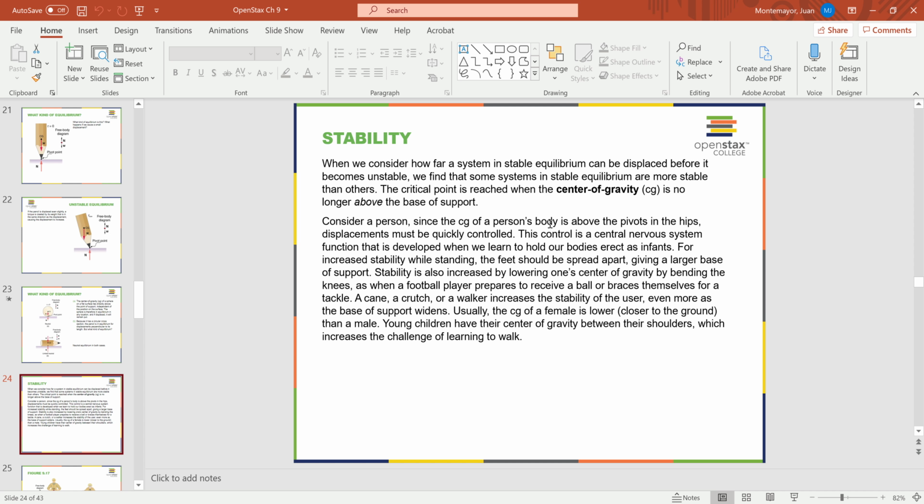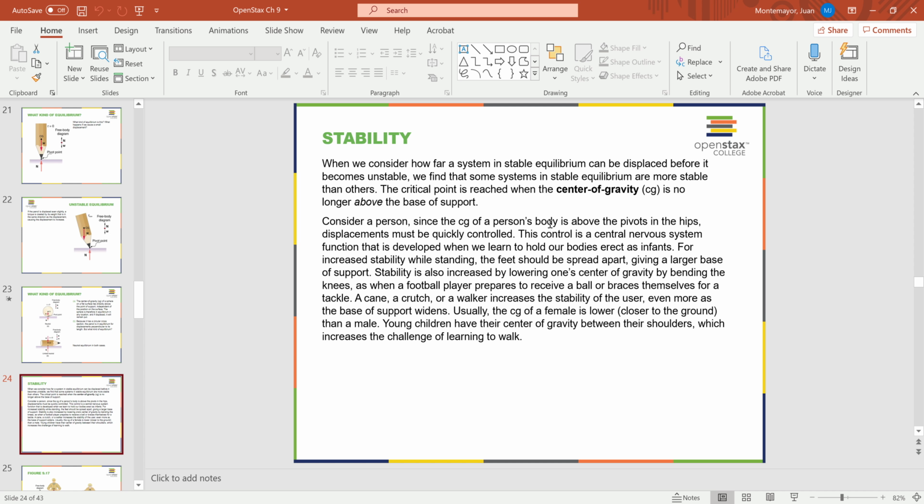When we consider how far a system in stable equilibrium can be displaced before it becomes unstable, we find that some systems in stable equilibrium are more stable than others. The critical point is reached when the center of gravity, CG, is no longer above the base of support.